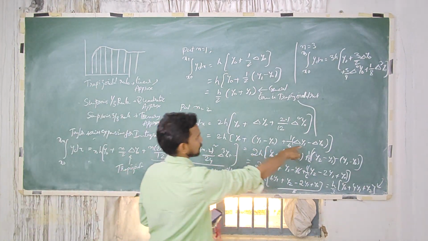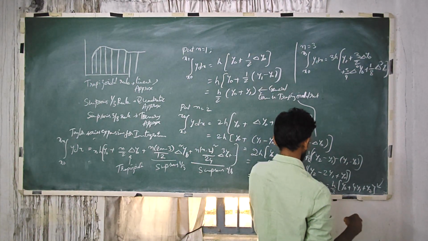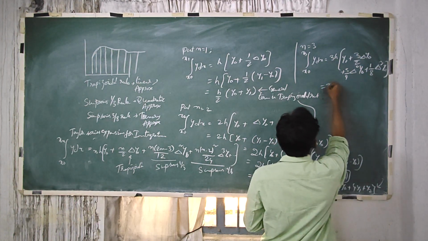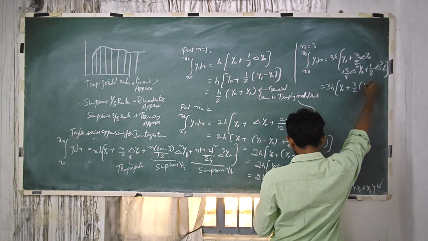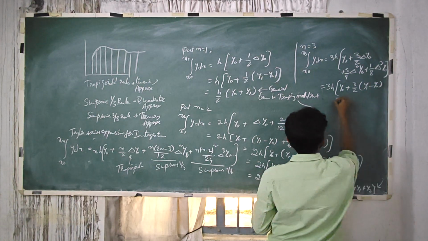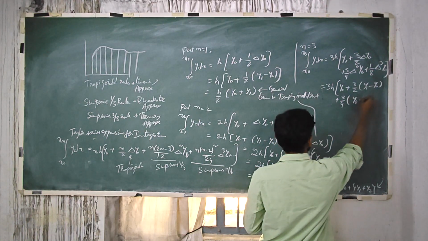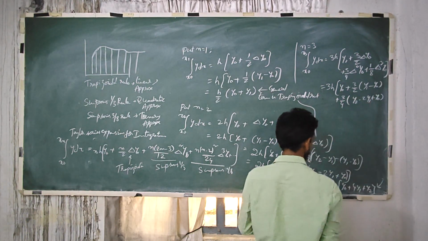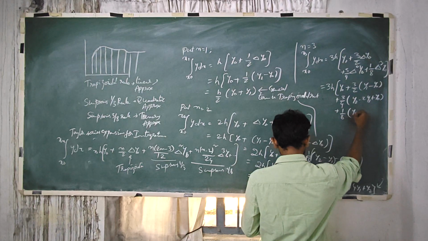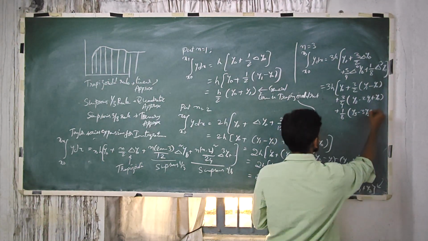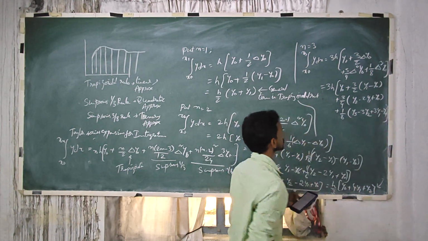In the same way, if you expand all these differences in this manner, you will get h times y0 plus 3 by 2 times y1 minus y0, plus 3 by 4 times y2 minus 2y1 plus y0, plus 1 by 8 times y3 minus 3y2 plus 3y1 minus y0.